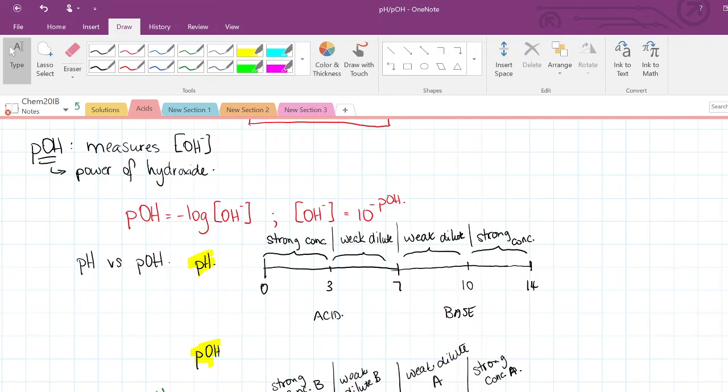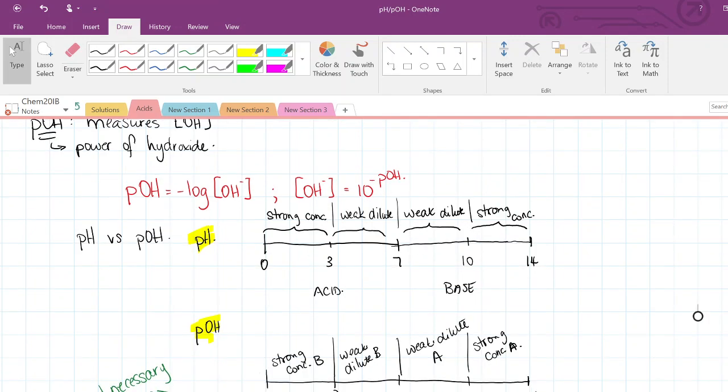And the nice thing is that the formulas are identical because the only difference between pH and pOH is that the pOH is measuring the flip side of the pH scale. So remember that there's always OH and there's always hydronium in a solution because the water carries it, right? So the pH measures the opposite side. It measures the hydronium side of the solution.